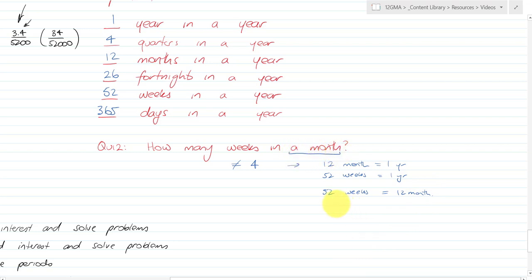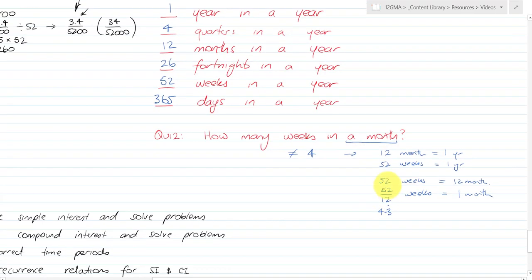So we divide it through by 12, and it's 52 over 12 weeks in 1 month, which is what the question was. 52 over 12 is actually equal to 4.3 repeating. There are 4 and 1/3 weeks per month in a year. So just be careful of that mistake of saying there's only 4 weeks in a month, which is not necessarily true, even though we've got some rounding considerations and some variable month amounts here.